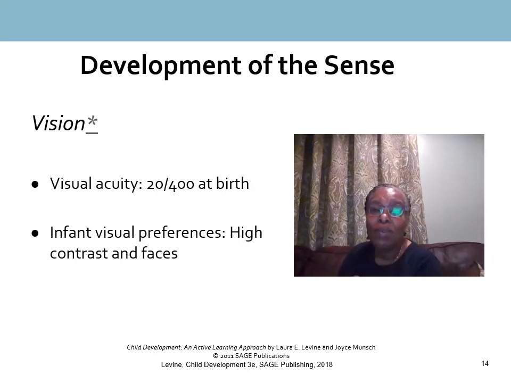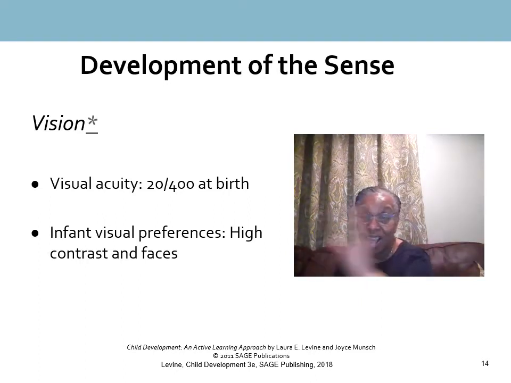But one thing I do want to say is, from birth, infants are attracted to looking at faces of people around them. Instead of always an object around, they love to look at people's faces. Yeah, especially mom. Additionally, they'll concentrate on those areas that have a high contrast.